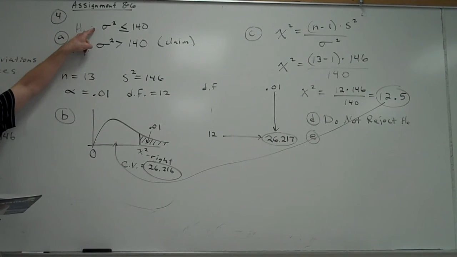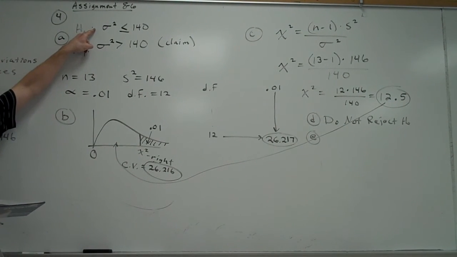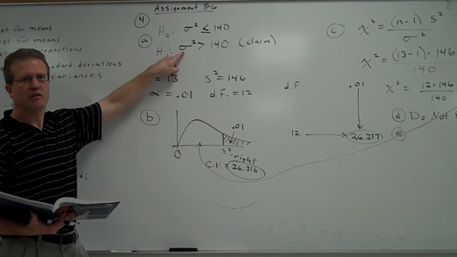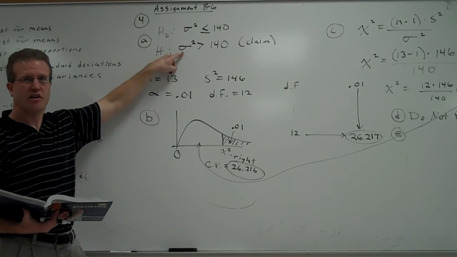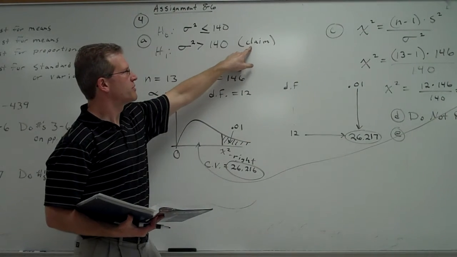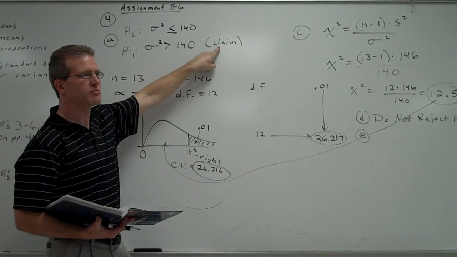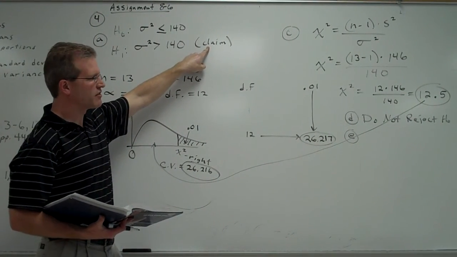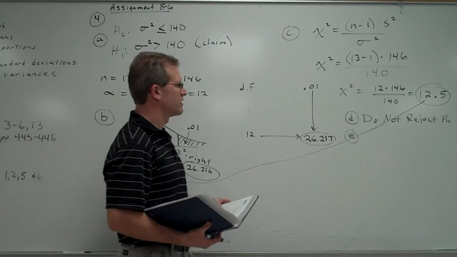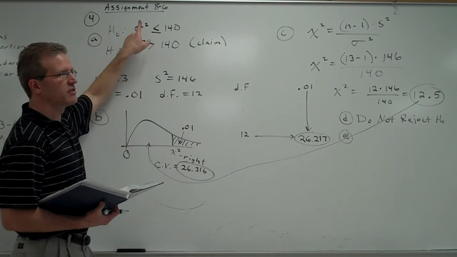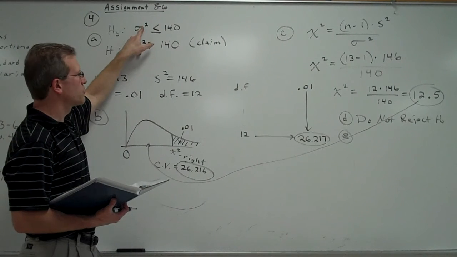So we're not rejecting the null. If we're not rejecting it, that means we think the null's probably true, which means we think the alternative's probably false. So would there be enough to support the claim or not? There's not enough evidence to support the claim. We're not proving the null, but that's what we think.